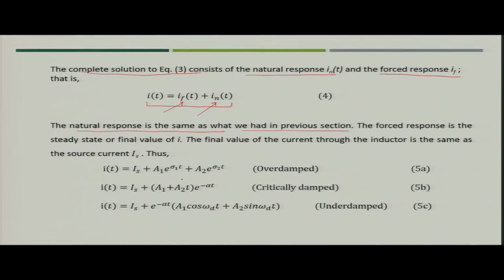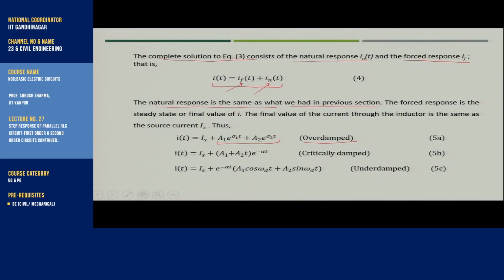So, what we got is that the natural response, in case of overdamped, is A1 e to the power sigma 1 t plus A2 e to the power sigma 2 t, where sigma 1 and sigma 2 are the characteristic roots of the governing equation. In case of critically damped, the natural response was A1 plus A2 t into e to the power minus alpha t, where alpha was the damping coefficient.